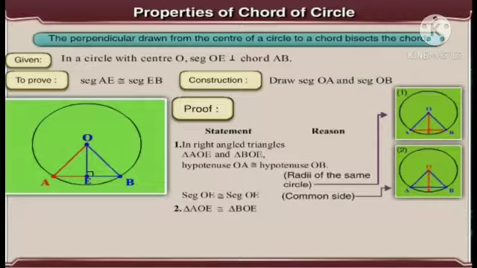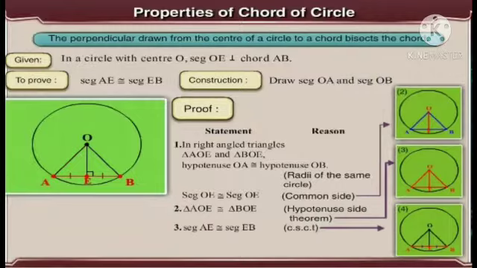Therefore, we can say that triangle AOE is congruent to triangle BOE by hypotenuse side test. Therefore, by corresponding sides of congruent triangles, we can say that segment AE is congruent to segment EB.